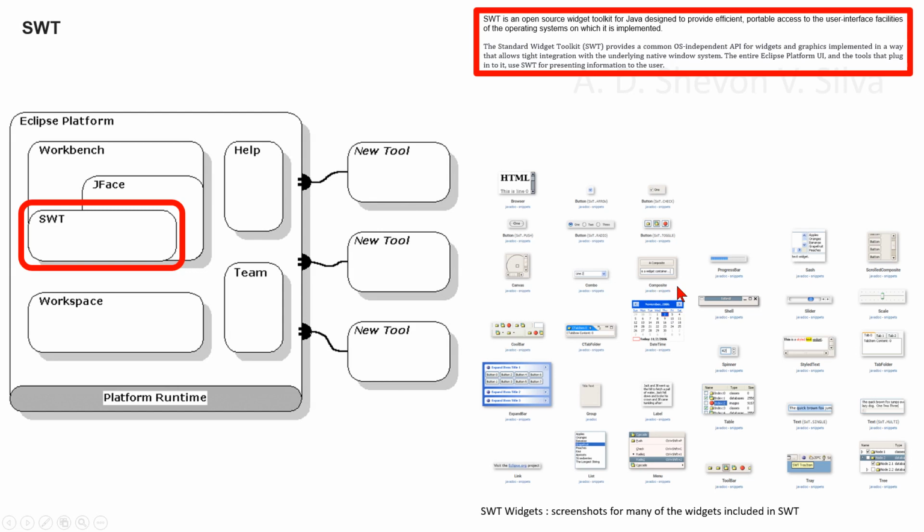Composite, the class Composite. Instances of this class are controls which are capable of containing other controls. CoolBar, class CoolBar. Instances of this class provide an area for dynamically positioning the items they contain.